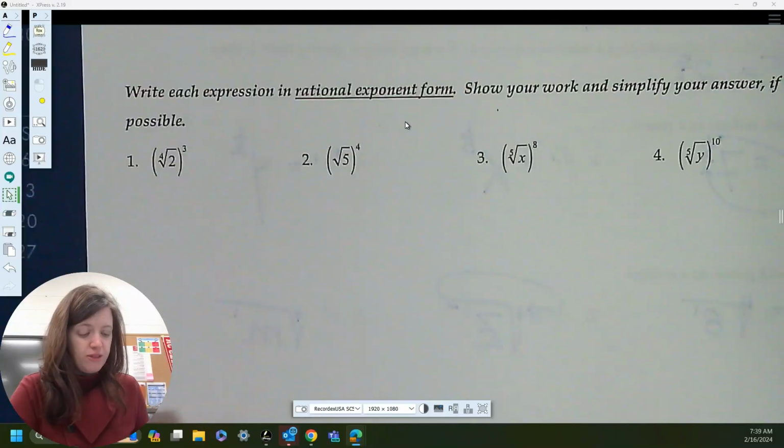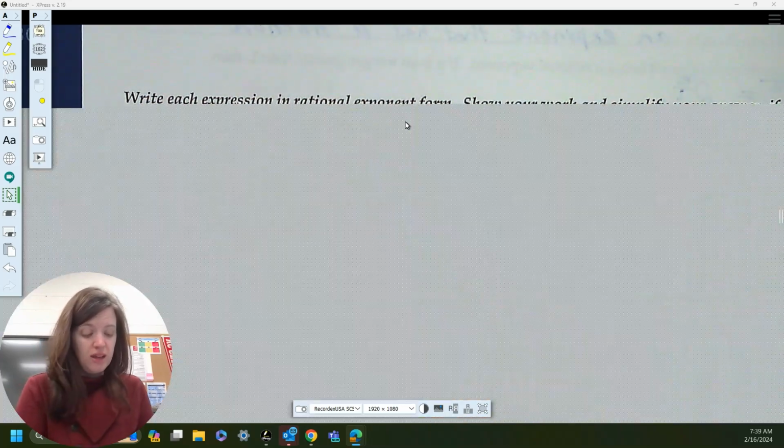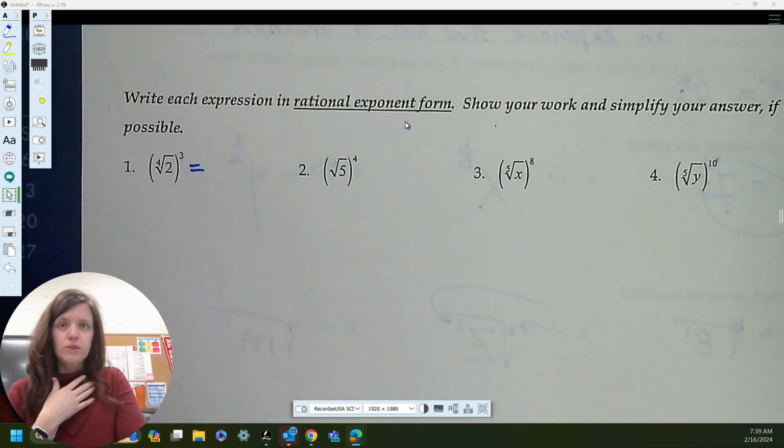The bottom isn't any different. It's just the opposite way. So we're going the other way, and just because there are parentheses, it doesn't change this.